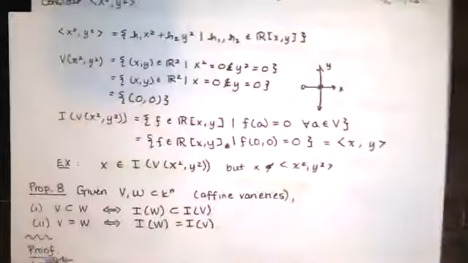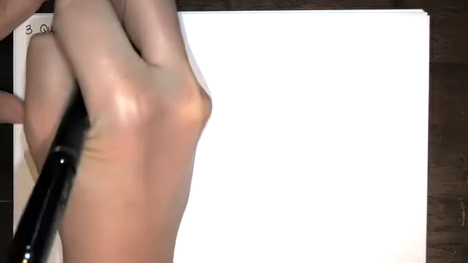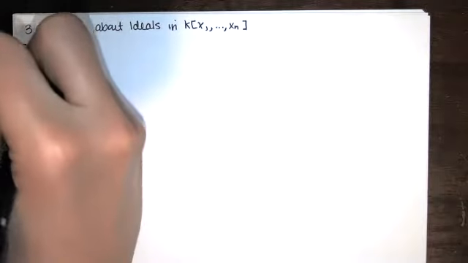So let's talk about some important questions related to ideals and varieties. So here are 3 questions about ideals in the polynomial ring that we're referring to. Here's the first one, the ideal description.